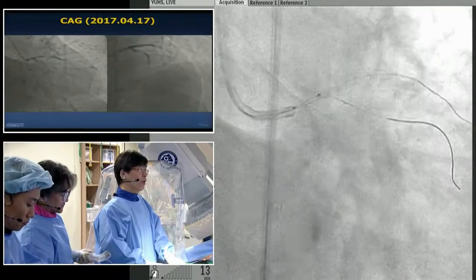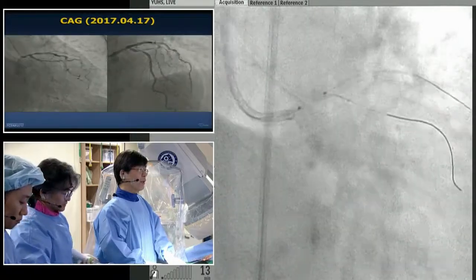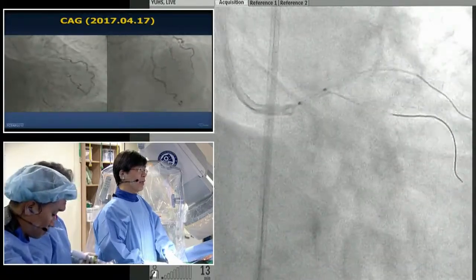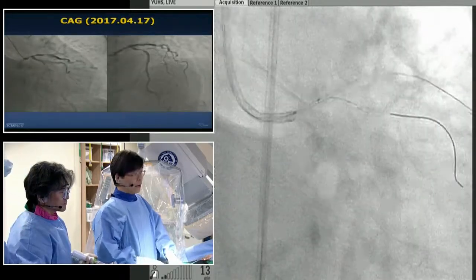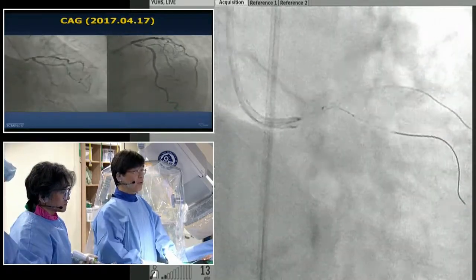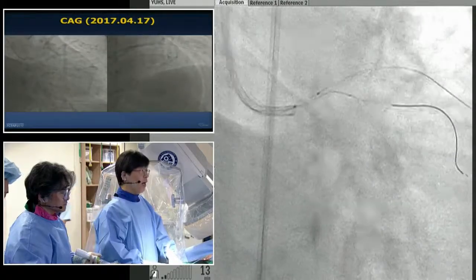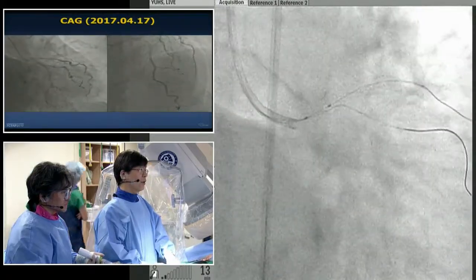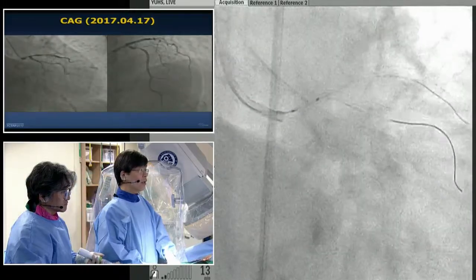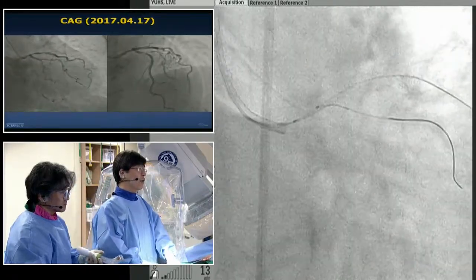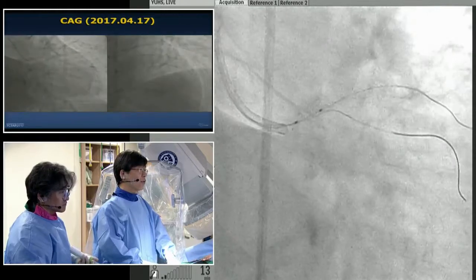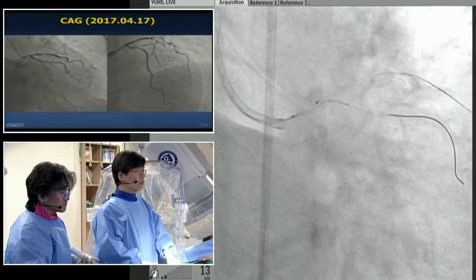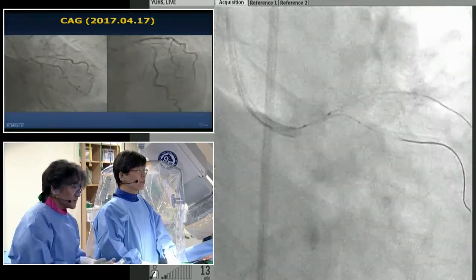When we do the pressure wire measurement, we pull back the guider a little outside of the ostium and administer IV, not intracoronary, so the sidewall guider is not a problem.